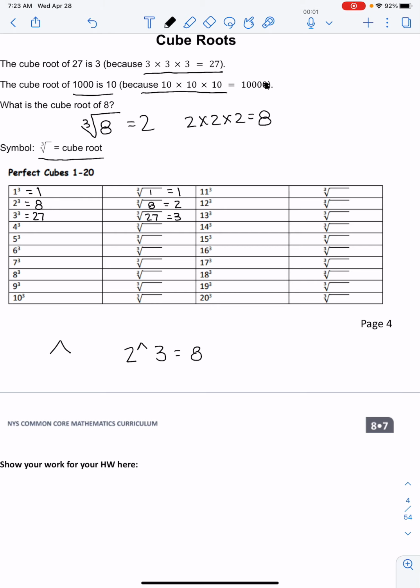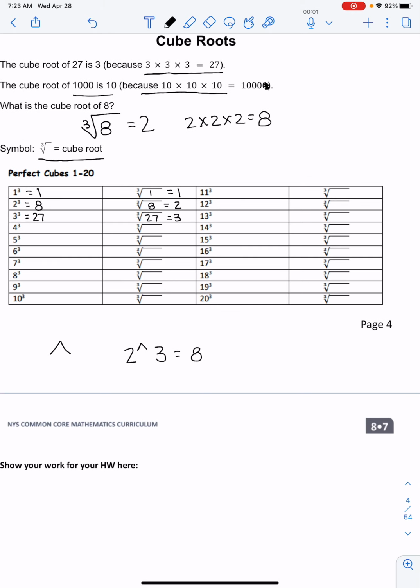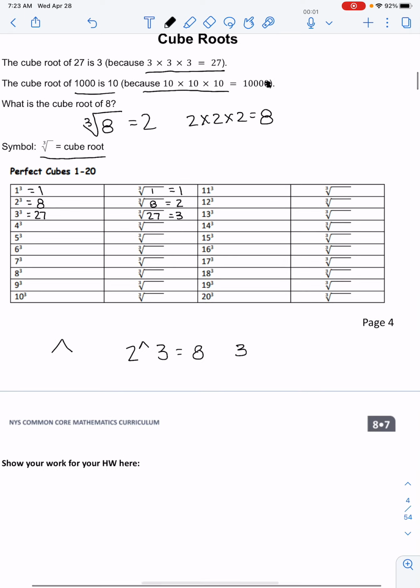So we would hit the 3. We would hit the arrow button and then our 27. So 3, the second button, and that arrow button. And then our 27, and it would give us our answer. So that's how we would do that.